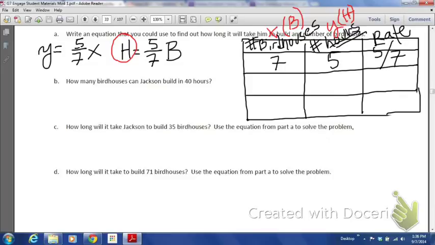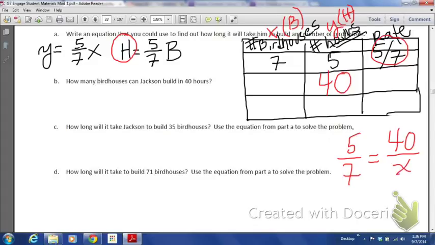Now, when we try to figure out how many birdhouses Jackson can build in 40 hours, there are a few different ways to do it. We talked before, I think in a prior lesson, about doing it arithmetically. If we look at it here, we could say 40 hours. This 5 over 7 ratio that we created is equal to 40 over x, and we can solve for x.